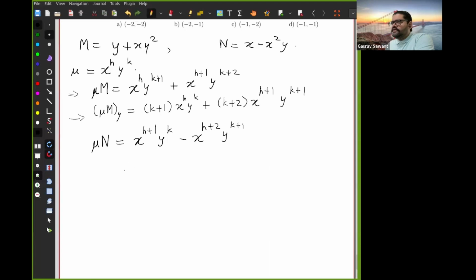And in the second case, I will get partial of mu N with respect to x, that is h plus 1 x^h y^k plus h plus 2 x^(h+1) y^(k+1). And for exactness, these have to be equal. So I should have h plus 1 is equal to k plus 1, which is the same as h plus 2 equal to k plus 2, which just turns out to be h equal to k.